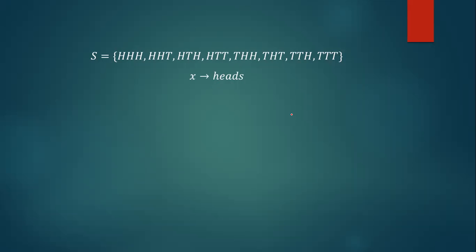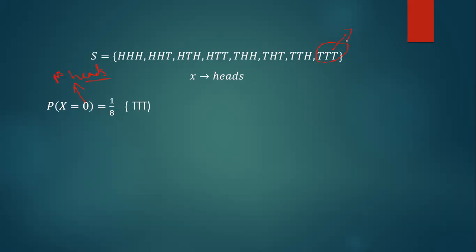Okay, let me begin. So we shall have a situation where we have no heads. We throw, a tail appears, we throw again, a tail appears, we throw again, a tail appears. So the probability of x equaling 0, meaning where we shall have no heads, is given by tail, tail, and tail.